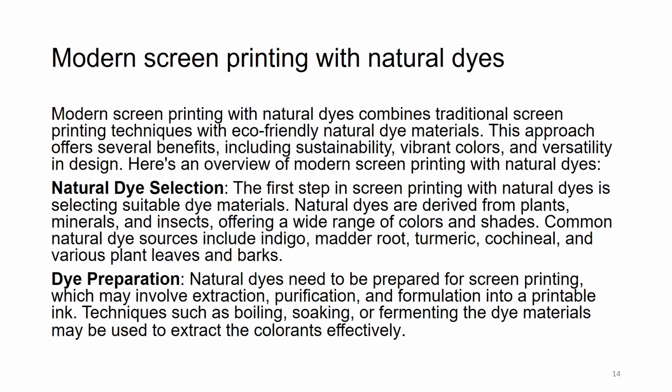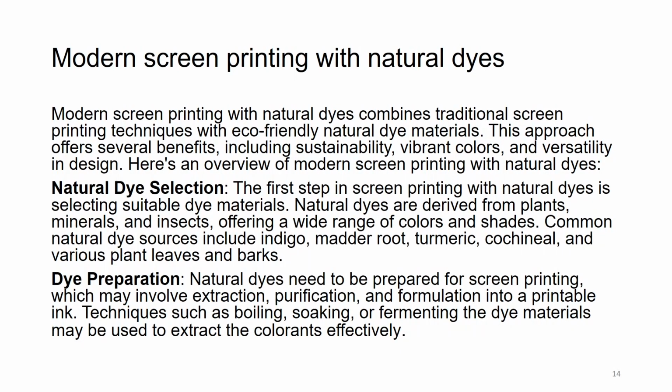Natural dye selection. The first step in screen printing with natural dyes is selecting suitable dye material. Natural dyes are derived from plants, minerals and insects, offering a wide range of colors and shades. Common natural dyes usually used in modern screen printing are indigo, madder root, turmeric, cochineal, various plant flowers, leaves and barks.